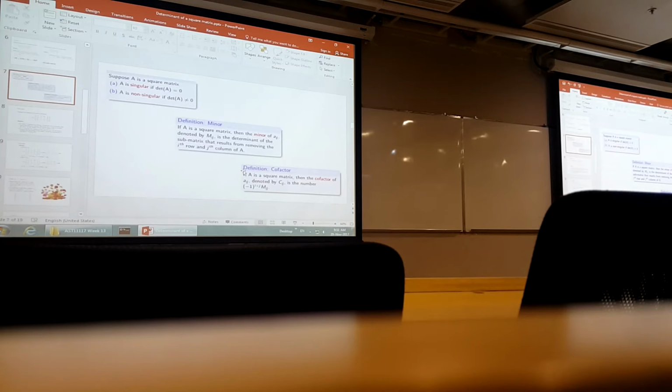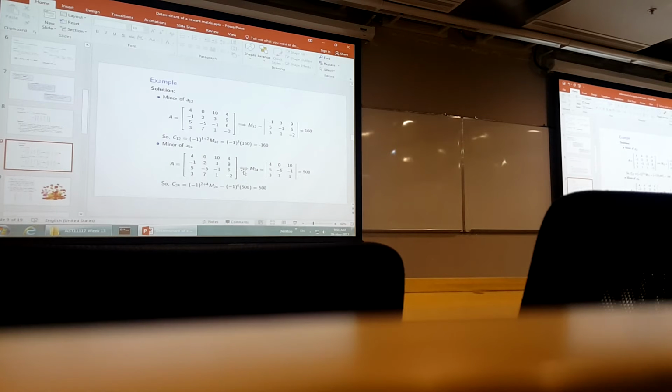The other definition is cofactor. Cofactor follows minor. Now remember, I repeat once again, every position has a minor, which is the value of the determinant obtained by forgetting the row and column of that position and calculating the determinant of the rest of the numbers.